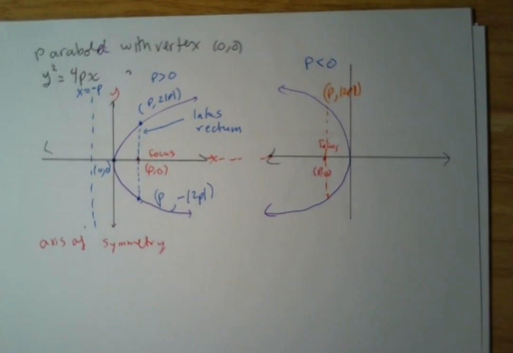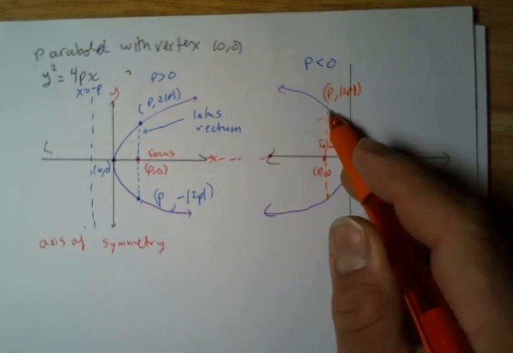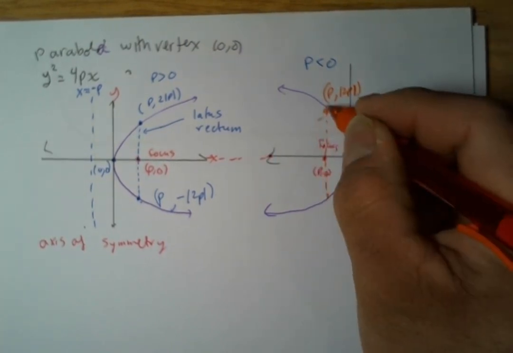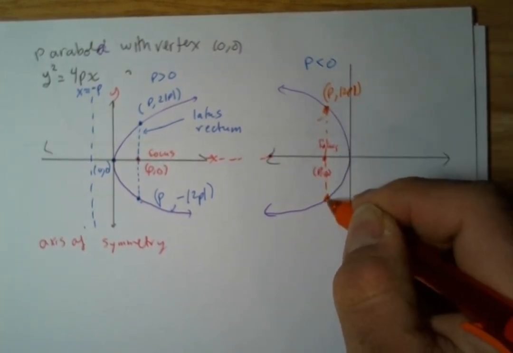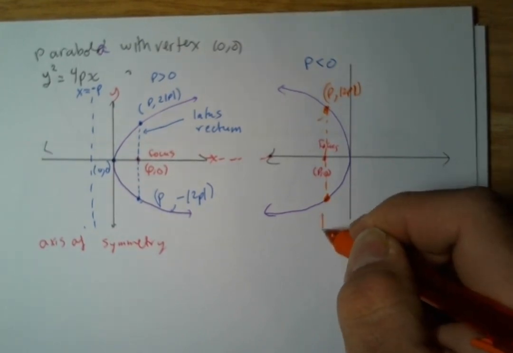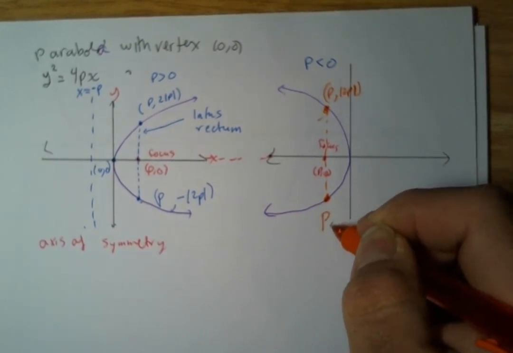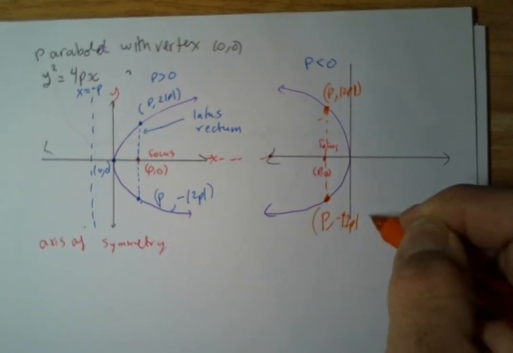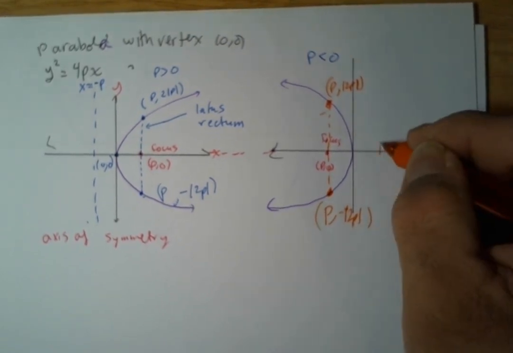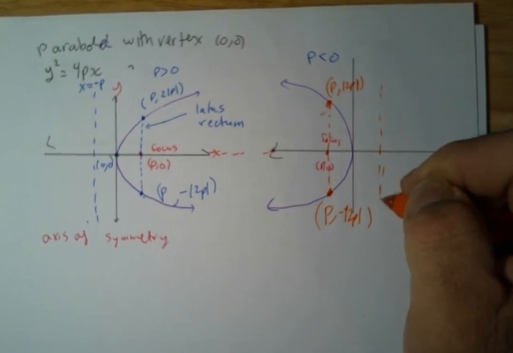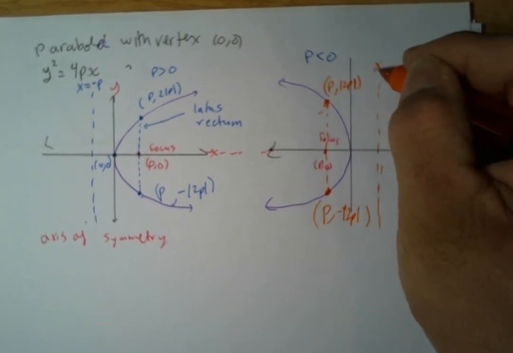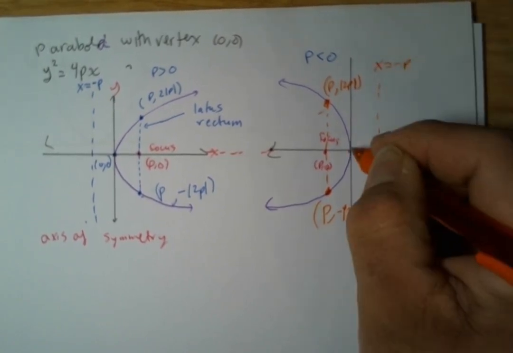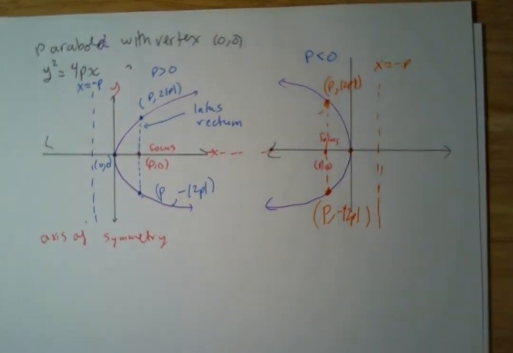So the coordinates are still the same, but in this case the value of p is negative, so it'll correspond to the points on this parabola that opens to the left. And this coordinate being p, 2p. And our directrix would be the line back here, x equals negative p, where this is our vertex at the origin.